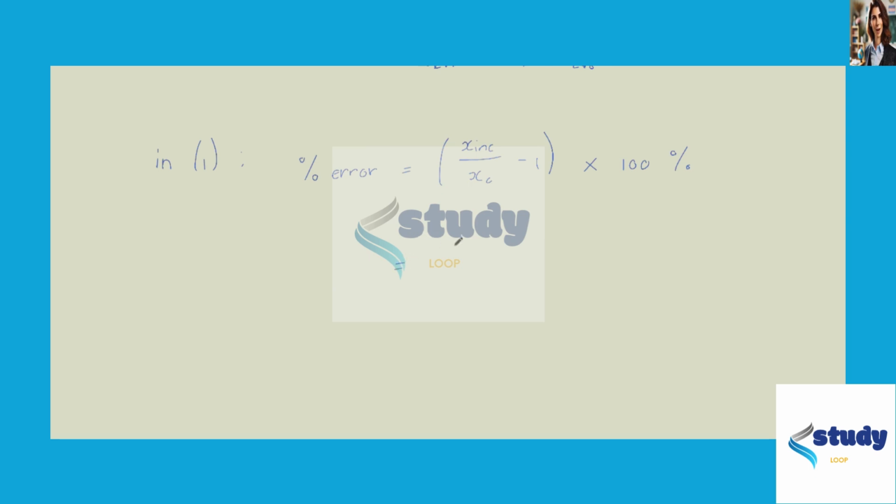And from above, this becomes the square root of the ratio of temperatures, 291 Kelvin over 298 Kelvin, minus 1, times 100%.